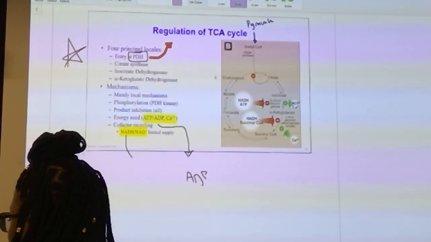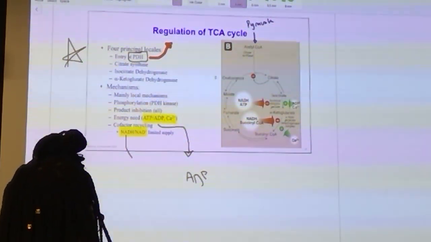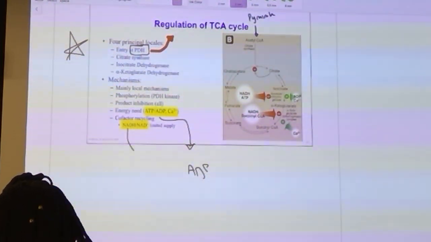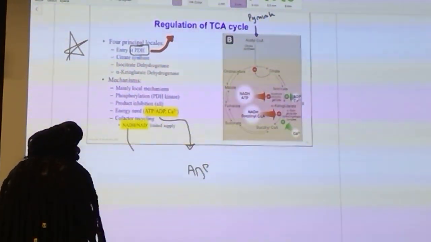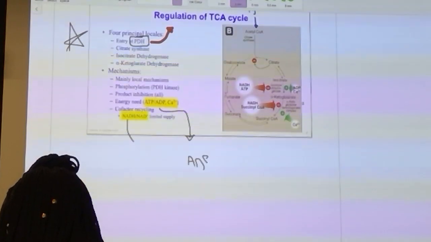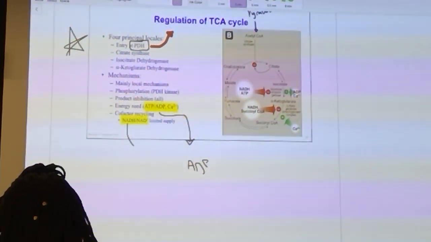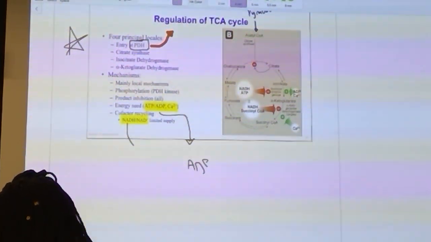And then for regulation, just remember substrates promote, products inhibit. So I believe ADP promotes. Is that right? Yeah, that's right. ADP promotes it, and then NADH inhibits it, because the product is NADH.